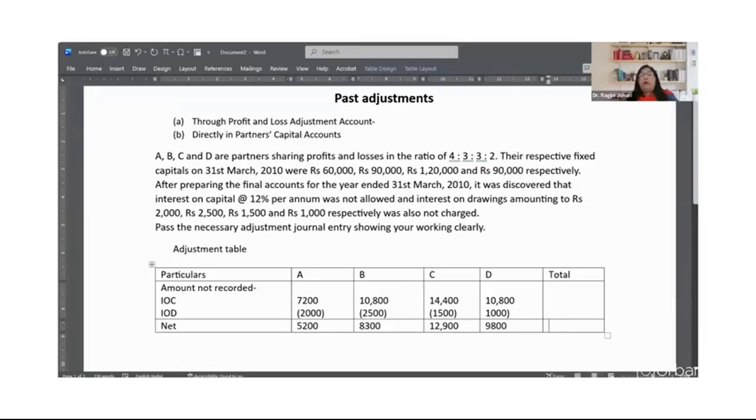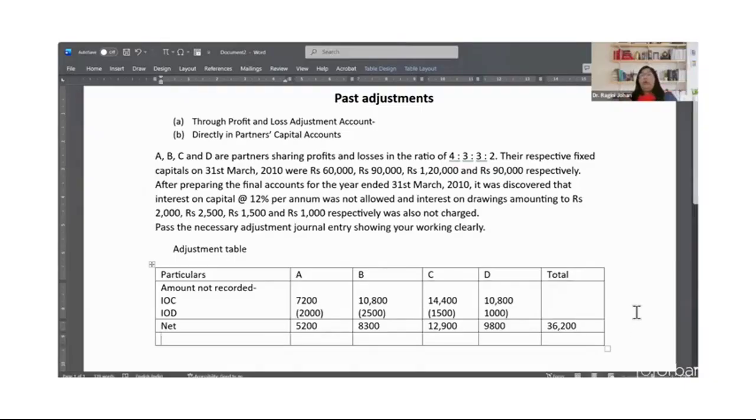Let's see how much amount was actually not recorded, so that we should know. If we sum all these numbers, we get 36,200. So this 36,200 was not recorded. What happened to this amount?